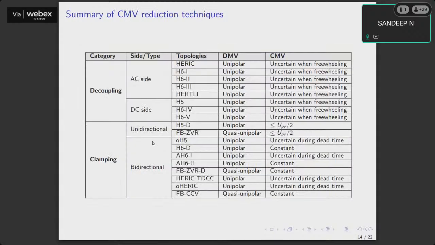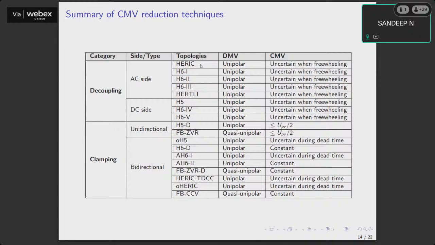This is what I was talking about, a summary of some of the CMV techniques, based on the decoupling type. Whether it is on the AC side or the DC side, you can see there is a variety of topologies. On the DC side, you have H5, H6 version 4, 5. Then there is the kind of switches used, whether unidirectional or bidirectional.